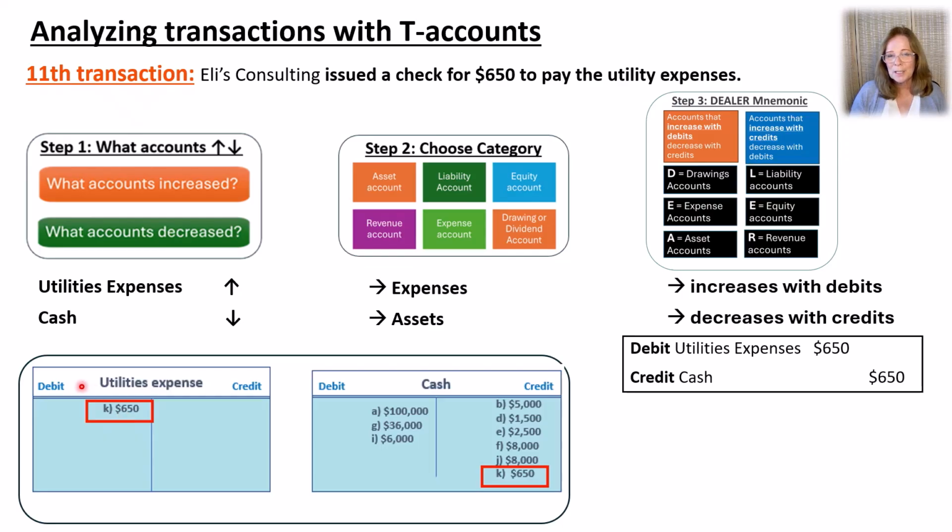We'll set up a new T account for utility expenses and write the transaction ID of K and the amount of $650 into the debit column of the utility expense account. Next, we find the T account for cash and write the transaction ID K and the amount of $650 into the credit column of the cash T account. The last transaction, number 12, is up next.